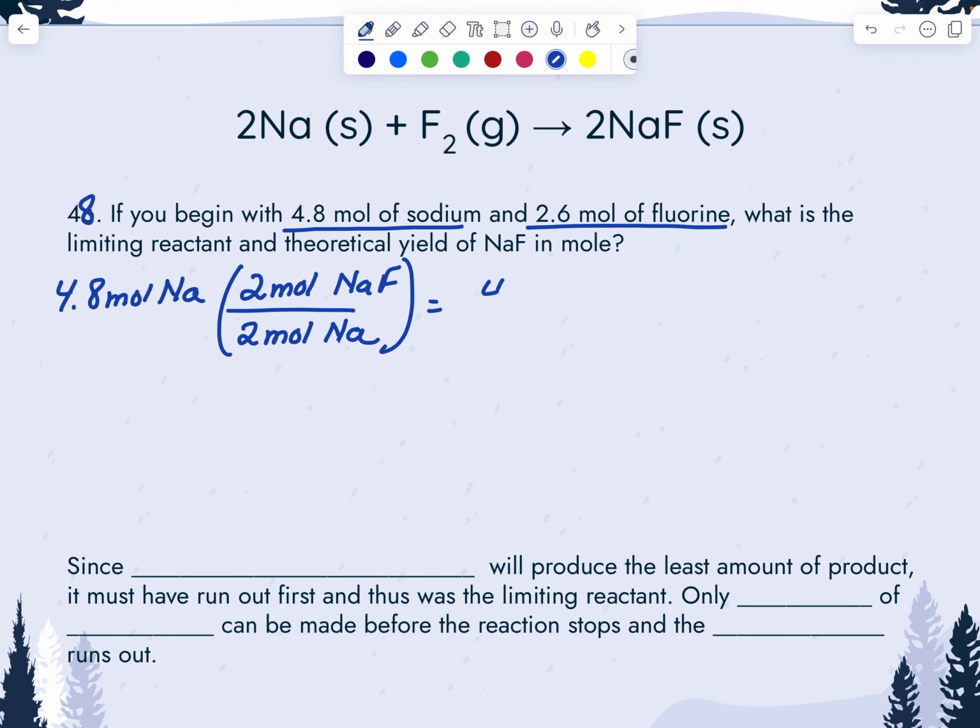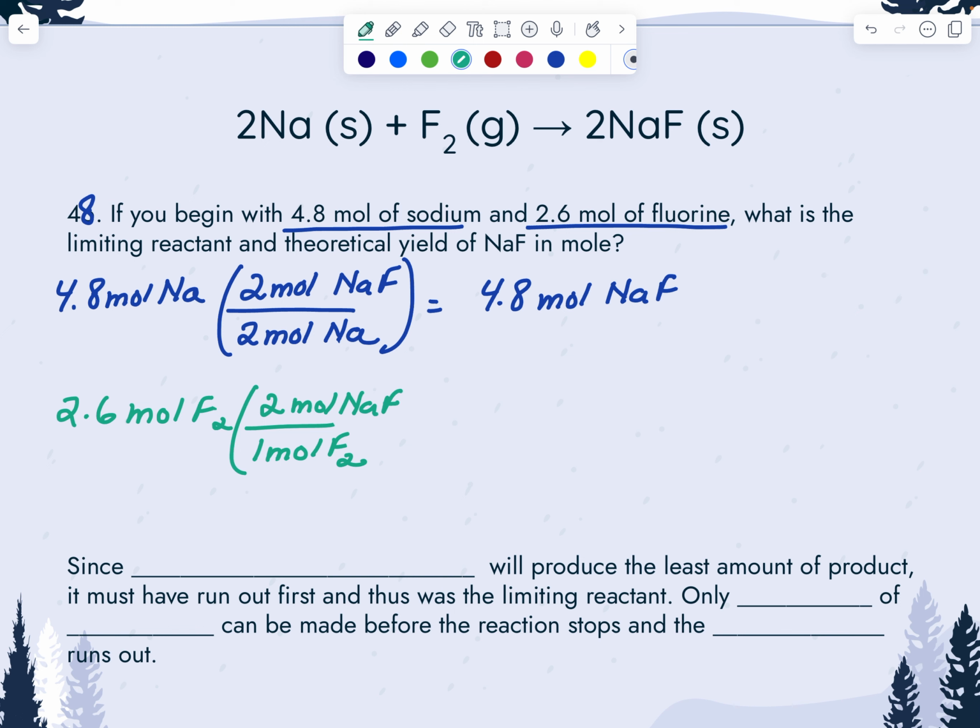So of course that will be 4.8 moles of sodium fluoride can be made. And then if I start with 2.6 moles of fluorine, according to the balanced chemical equation, 1 mole of fluorine gas will make 2 moles of sodium fluoride, and that would be 5.2.